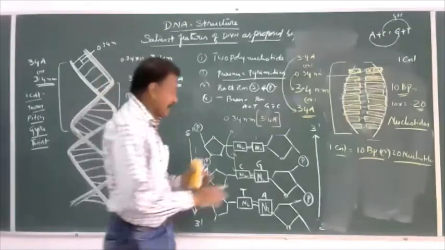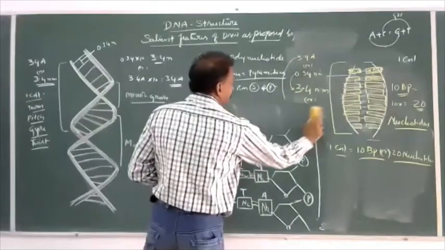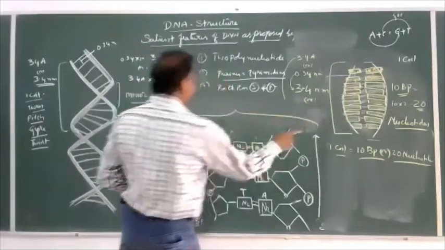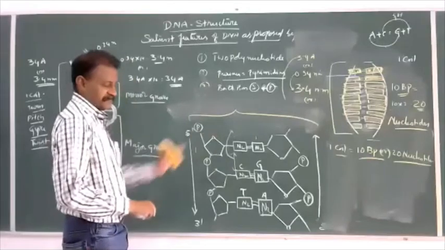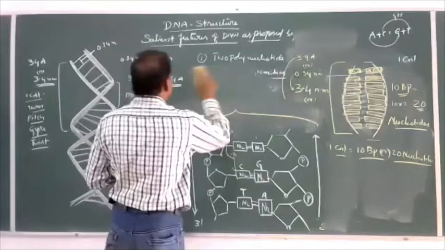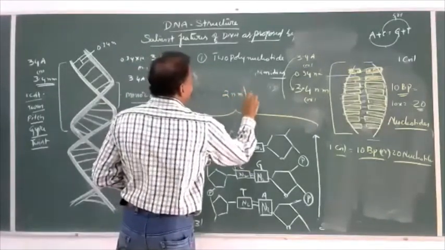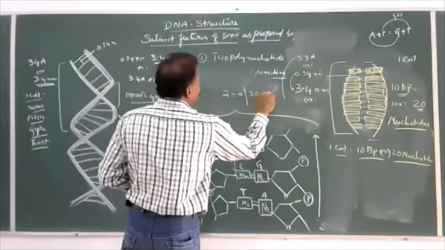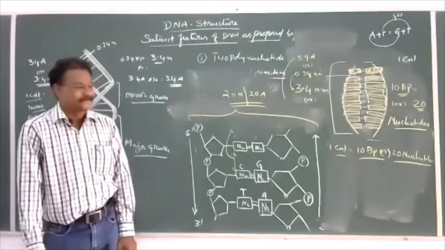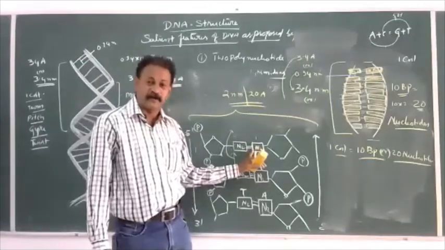Because of this, the diameter or width of the DNA molecule, two polynucleotide chains, is 2 nanometers or 20 angstroms. One chain is about 10 angstroms, with a little distance for the hydrogen bonds.